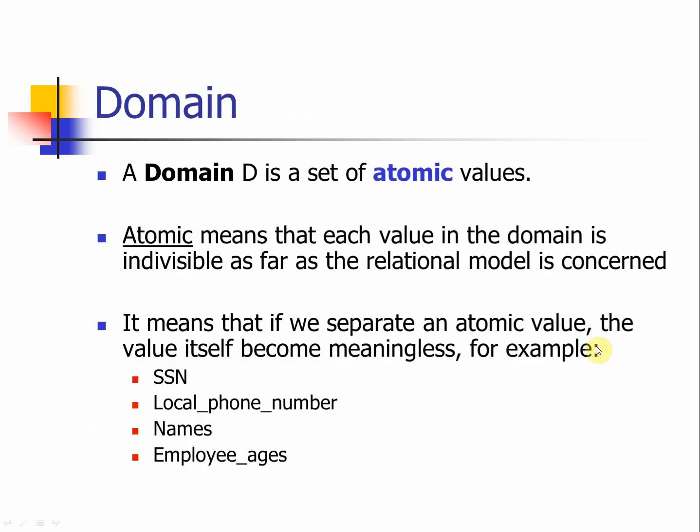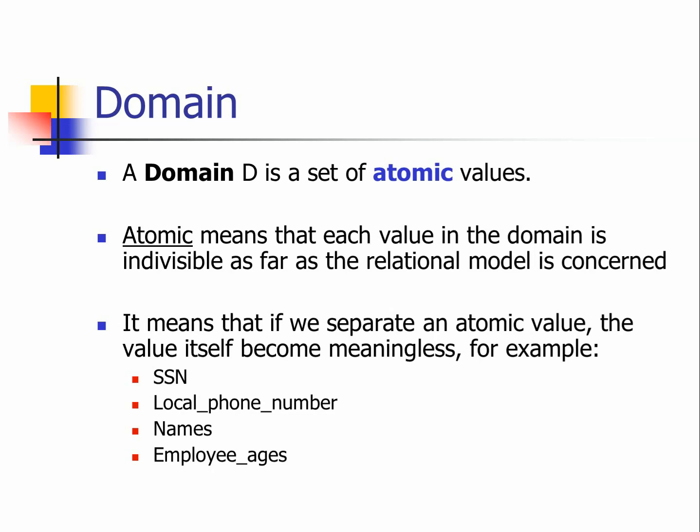Domain. For each attribute, we want to define its domain. A domain D is a set of atomic values. What is the meaning of atomic? Atomic means that each value in the domain is indivisible as far as the relational model is concerned.